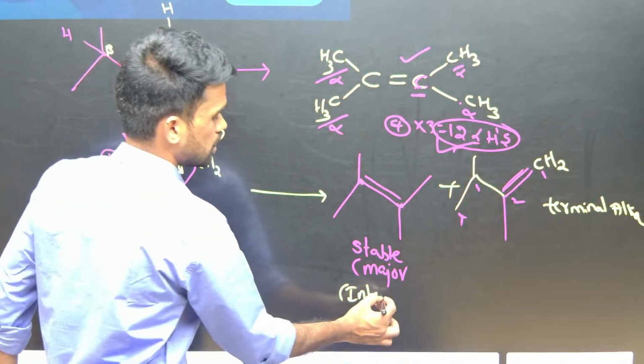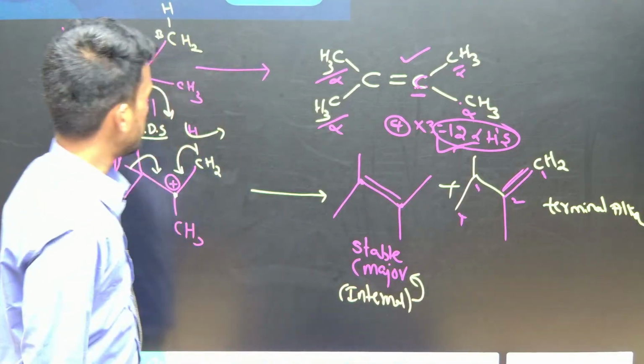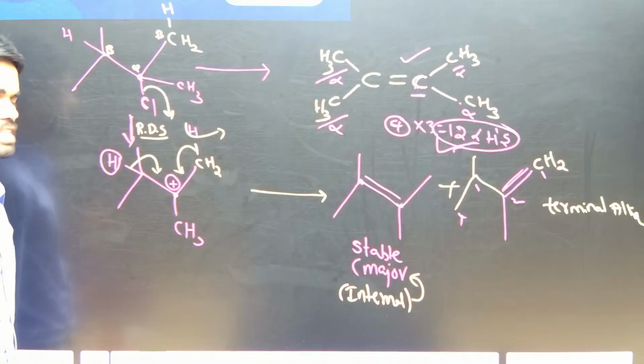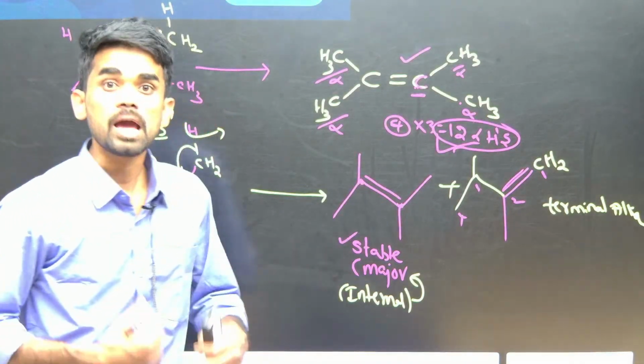Internal alkenes are formed as major products in elimination reactions. Is this clear? Why are internal alkenes major? Because internal alkenes are more stabilized by hyperconjugation.